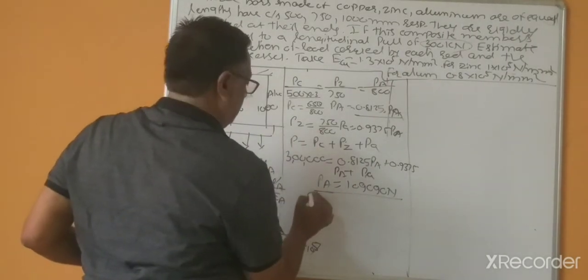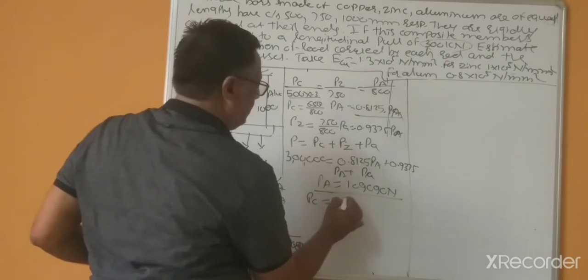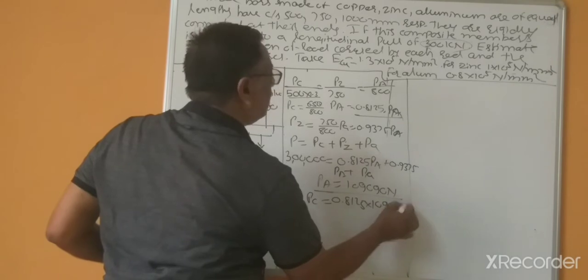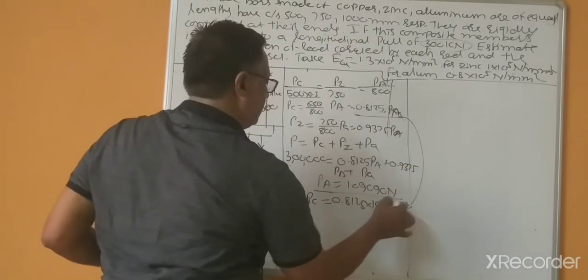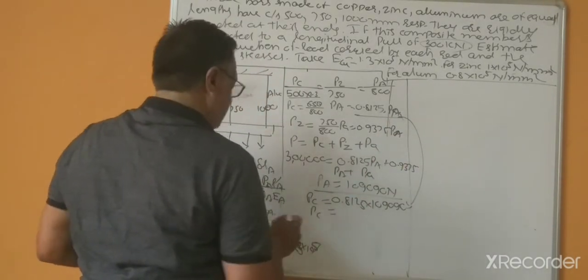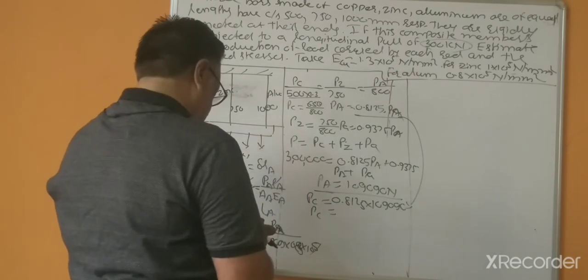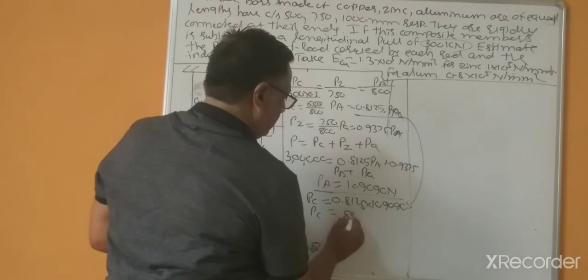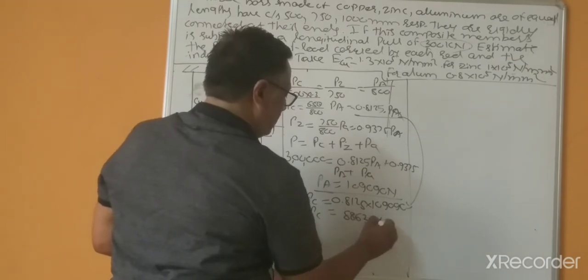PC for copper is 0.8125 times 109090, by using these relations. So that's why 0.8125, this is 88636 newtons.